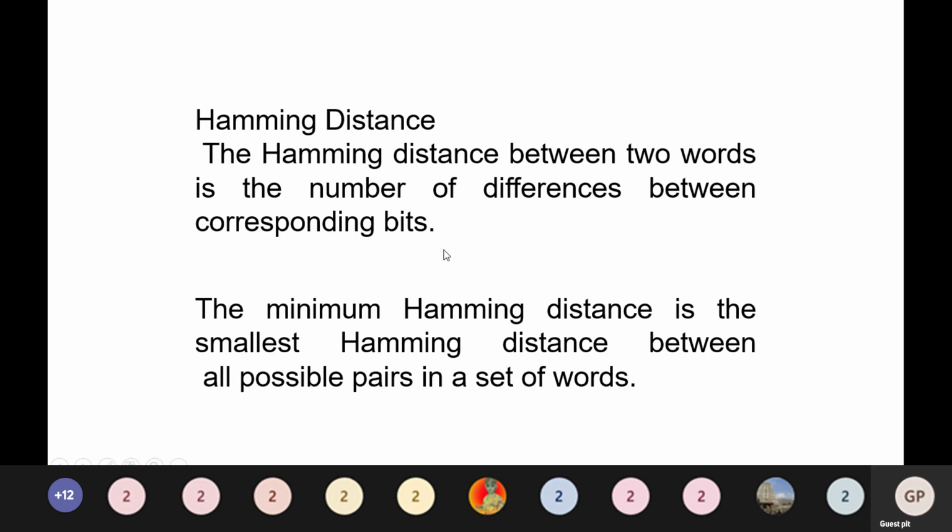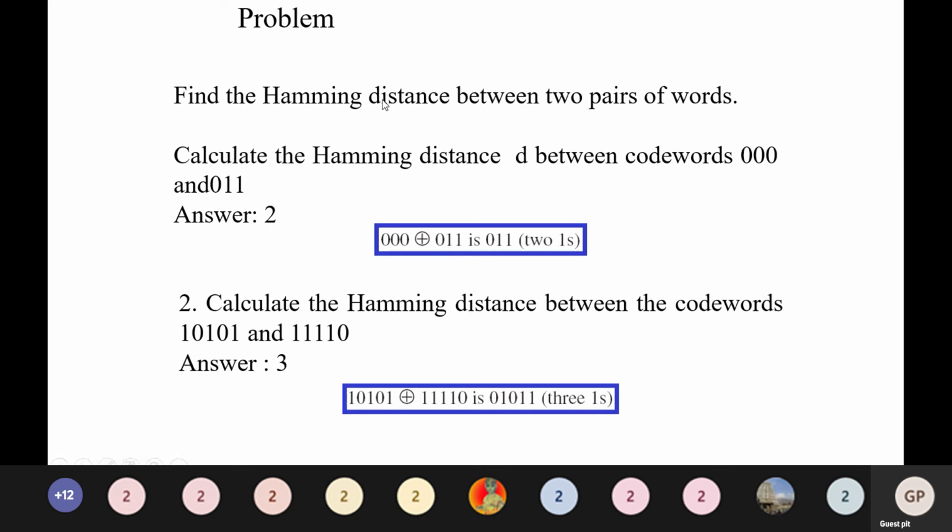We can also expect problems based on this Hamming distance in repetition codes or Hamming codes. Find the Hamming distance between two pairs of words. Calculate the Hamming distance between the code words 000 and 011.